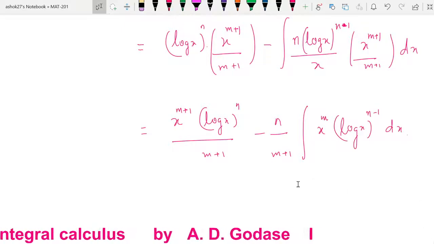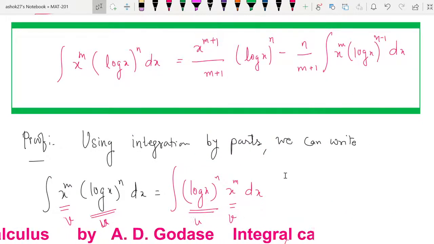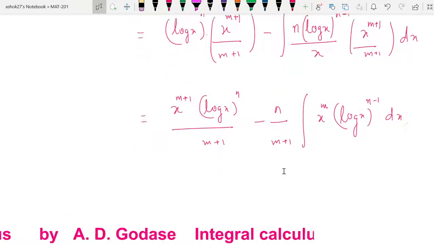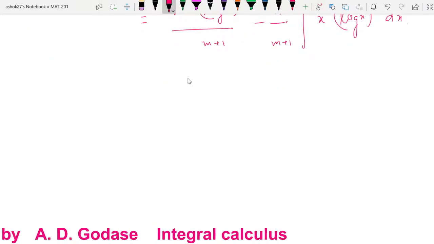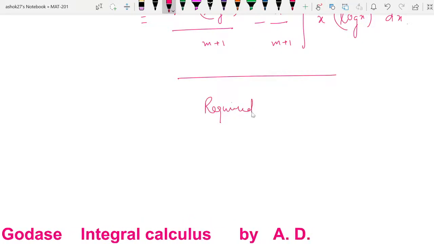This is the required reduction formula which we have already written, giving us the fifth reduction formula.